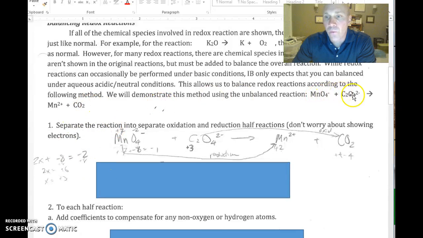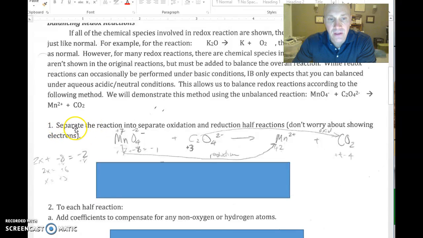There are actually some things involved in this reaction that aren't shown here. Generally, it's going to involve either some water molecules or some hydrogen ions, H pluses, and they're not shown when we're just showing the things that are getting oxidized or reduced. All right. So this method is going to show how that occurs.